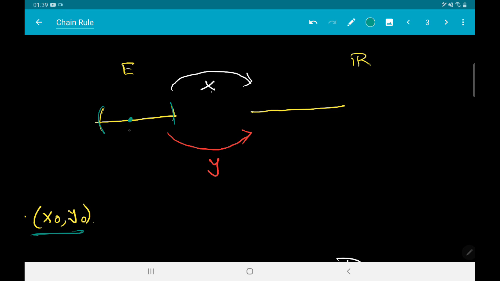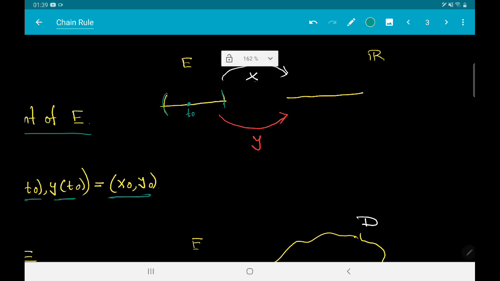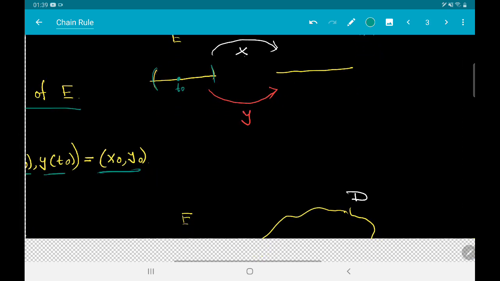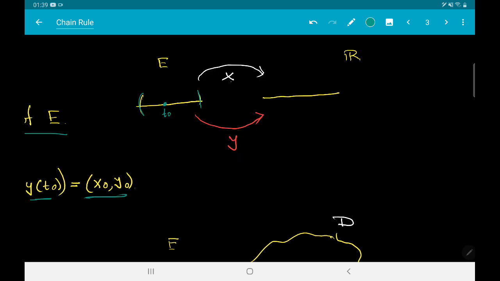I have an interior point t0 here, and these maps x and y are differentiable at the point t0. Then I can combine these two maps as follows. This gives rise to a map to R2, which is given by (x(t), y(t)). I hope this is clear. So t0 gives an image x of t0.